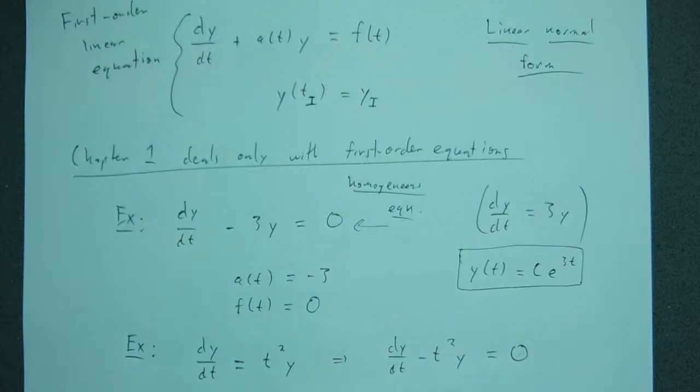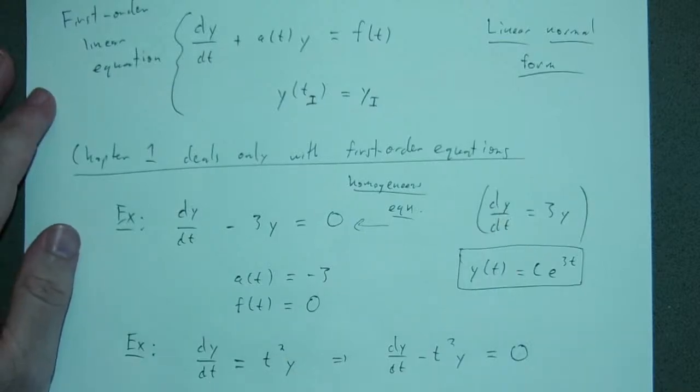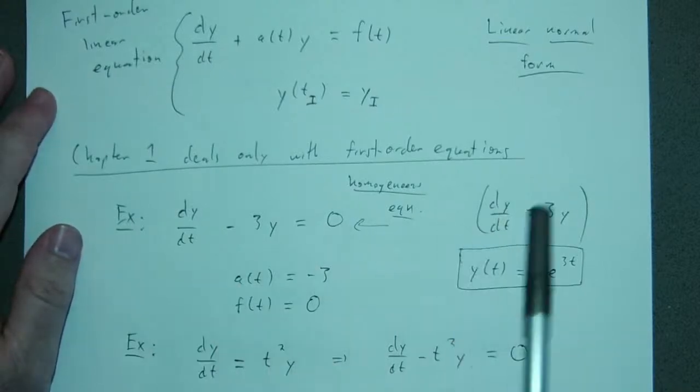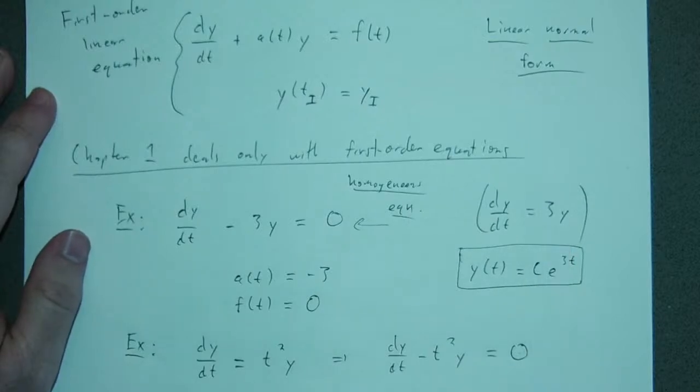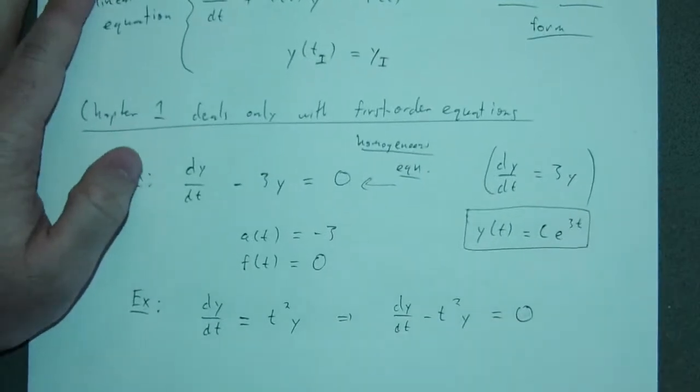Okay. All right. And how would I solve this? Well, again, I kind of guess here, right? I say, okay, well, now I'm no longer in the case that I take the derivative of the unknown function and what I get is a constant times the function itself. I get t squared times the function itself. But I kind of use the same idea here, and I make a guess.